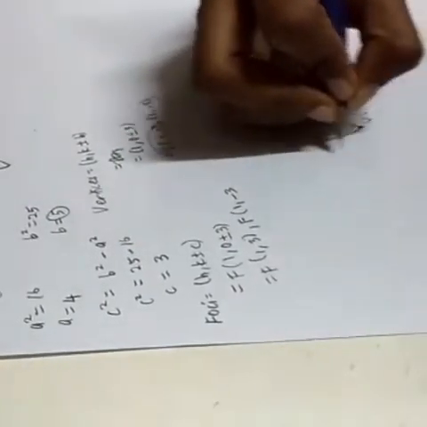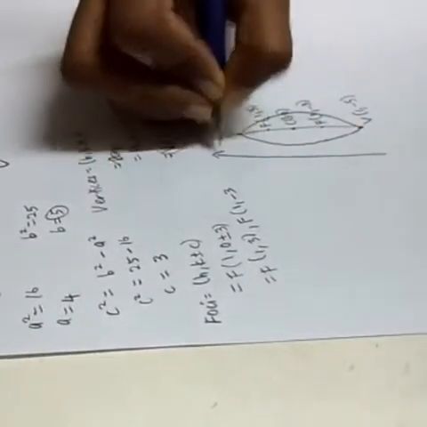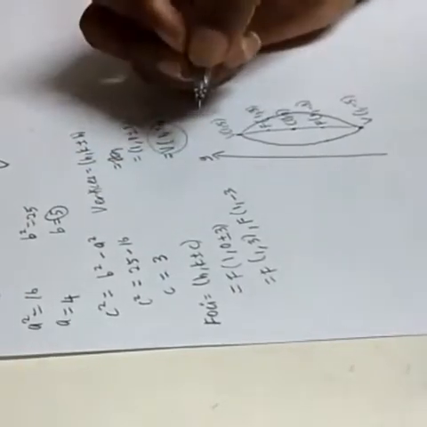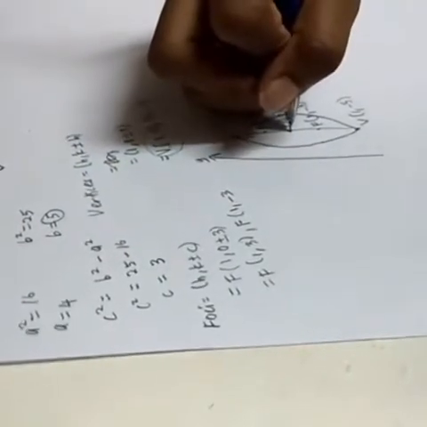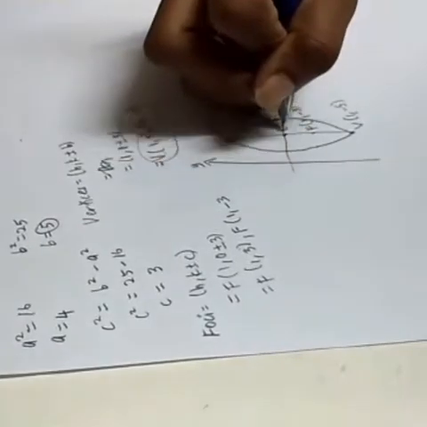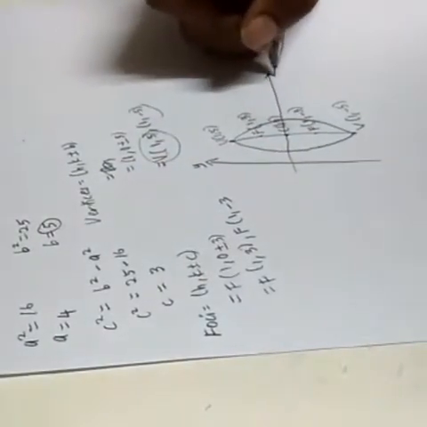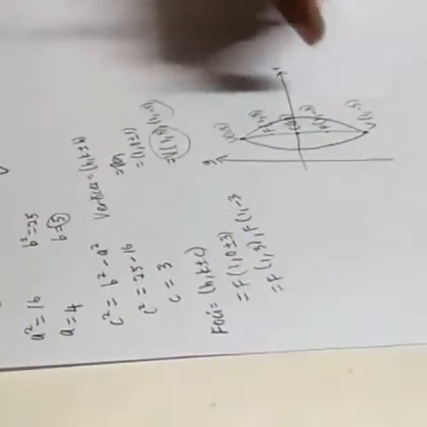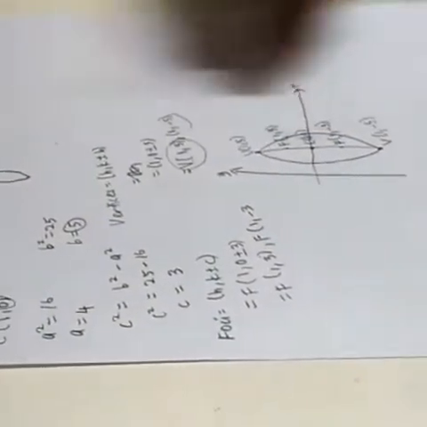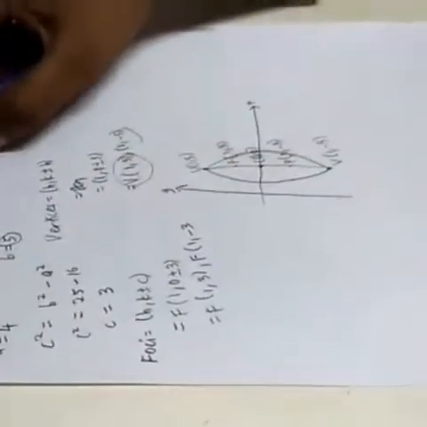So the axis will be like this. This is the shape of the ellipse for this equation.